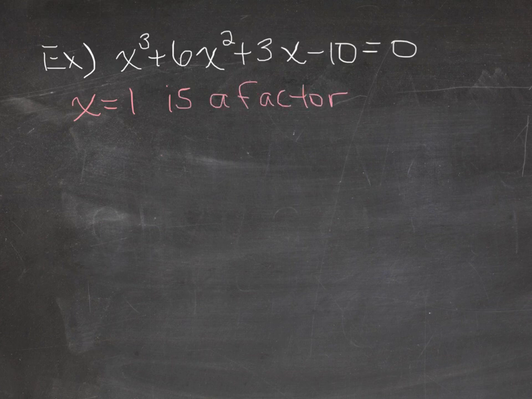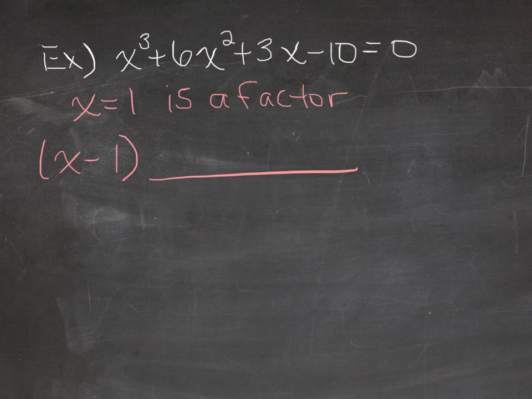Okay, so I know I'm going to have something like this, x minus 1, and then something else here. So to figure out what goes on this line here, I can divide the polynomials. So if you need a revision on dividing polynomials, make sure you go back and watch that video. So I could take this cubic expression and divide it by x minus 1, or I can do synthetic division.